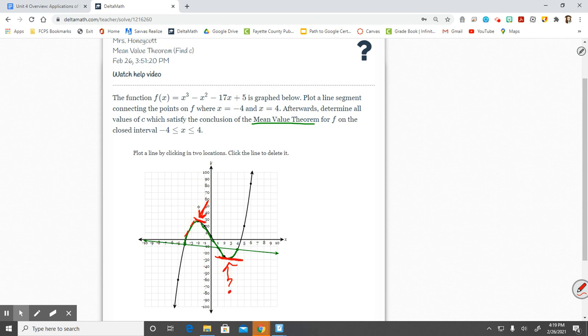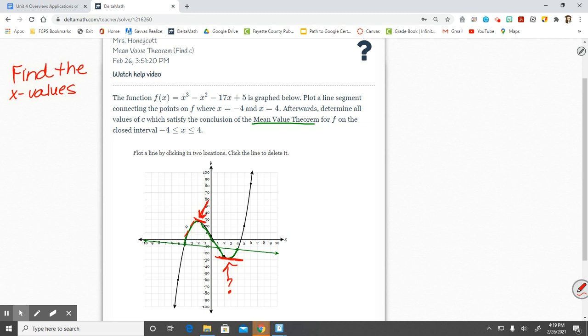So I have to find the x values, which I have a good guess. I think it might be in between -2 and -1, and maybe in between 1 and 3, somewhere in there. But I'm going to find them more specifically.